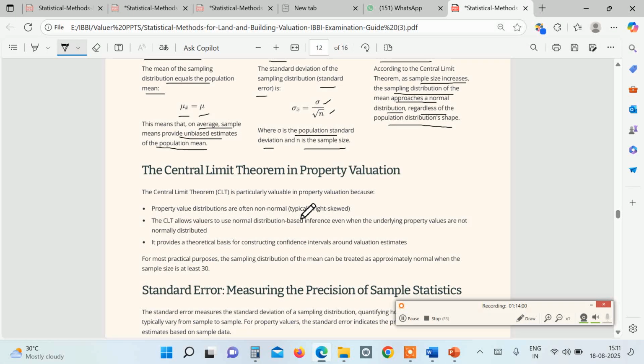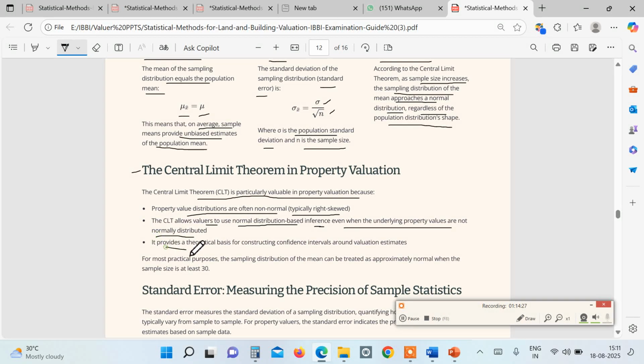Next is central limit theorem. What this says is that the central limit theorem is particularly valuable in property valuation because property value distributions are often non-normal, typically right skewed. The CLT allows valuers to use normal distribution based inference even when the underlying property values are not normally distributed.